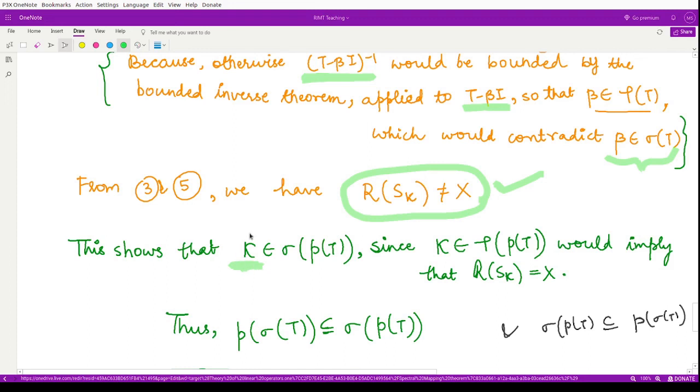So kappa will belong to the spectrum set of p(T), because it does not belong to the resolvent set.